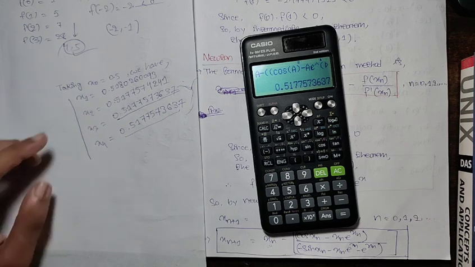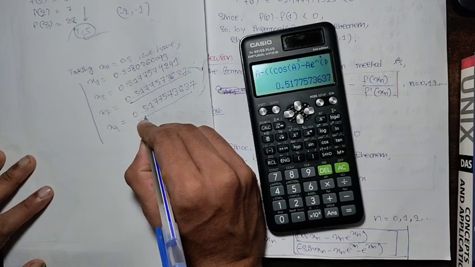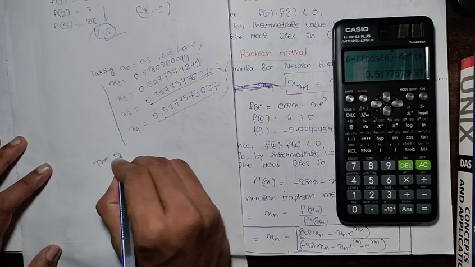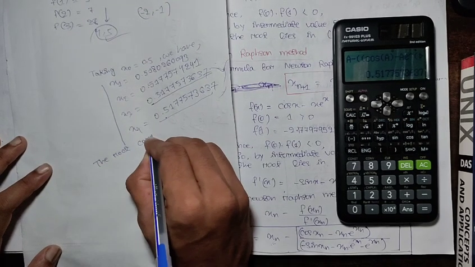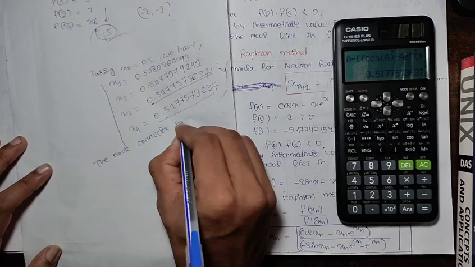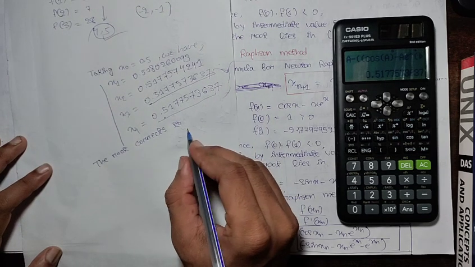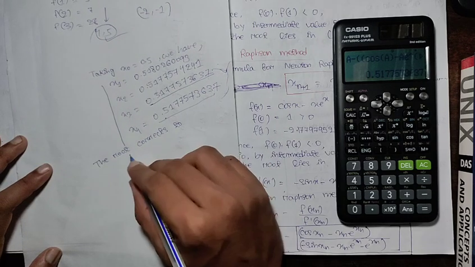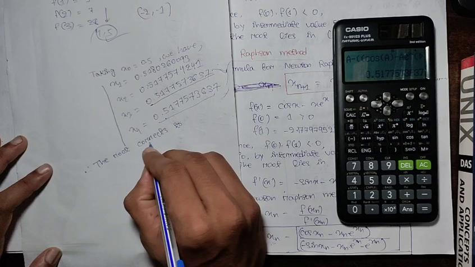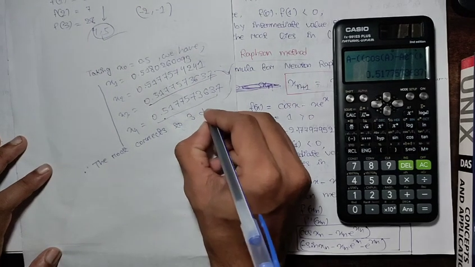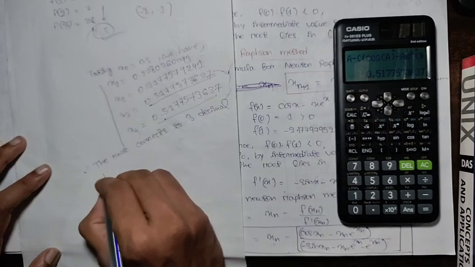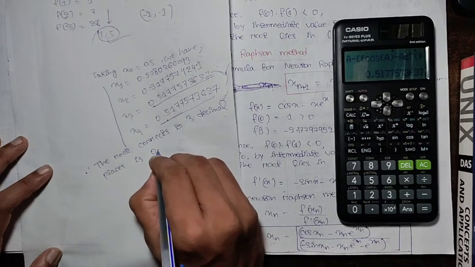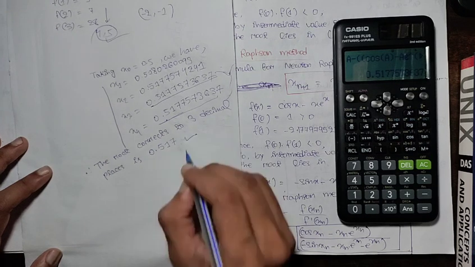So what is the root here? You can write the root correct to, if the question says 3 decimal places, then you should write the root correct to 3 decimal places, that is 0.517.